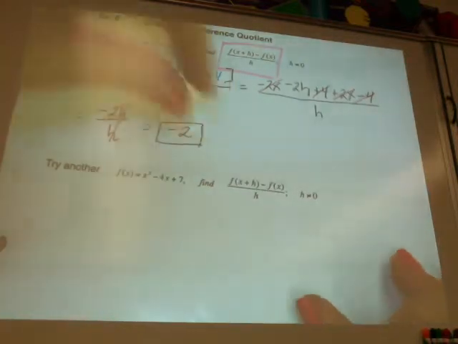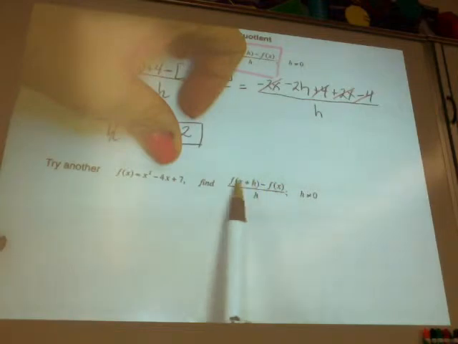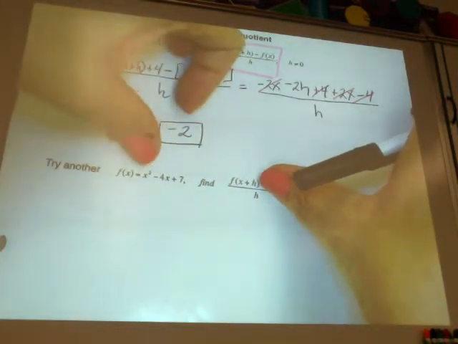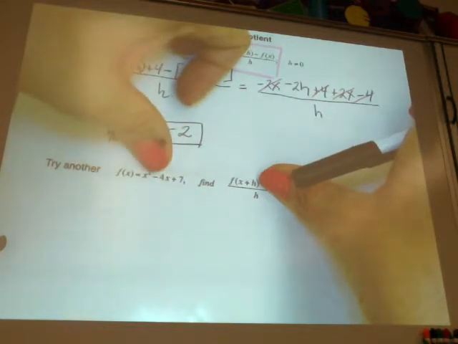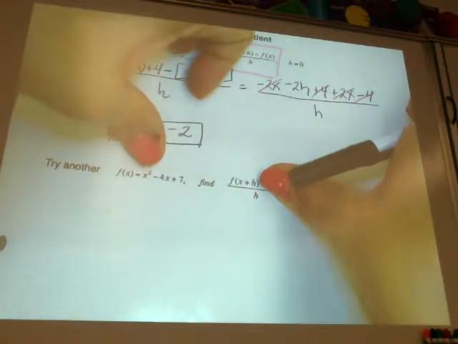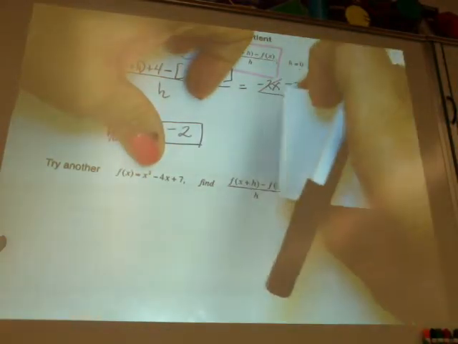Okay? So we're going to take this 2 different times. The first time, we're just going to replace every x here, and aren't there 2 places to replace the x with x plus h? You need a lot of room to do your difference quotient, so I'm going to rewrite this. I'm totally ignoring that part right now.